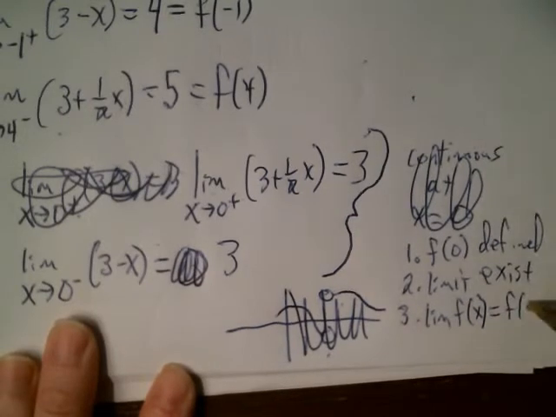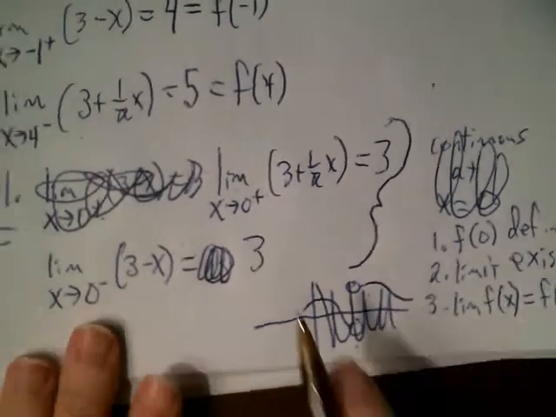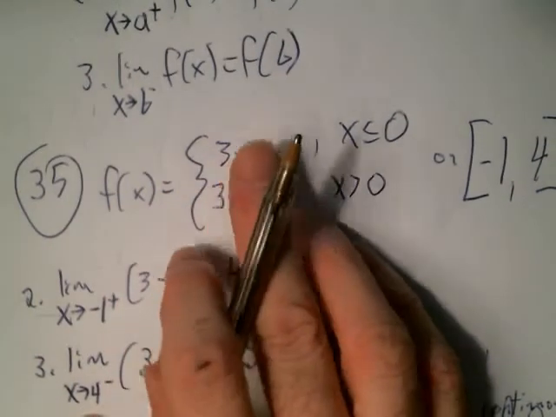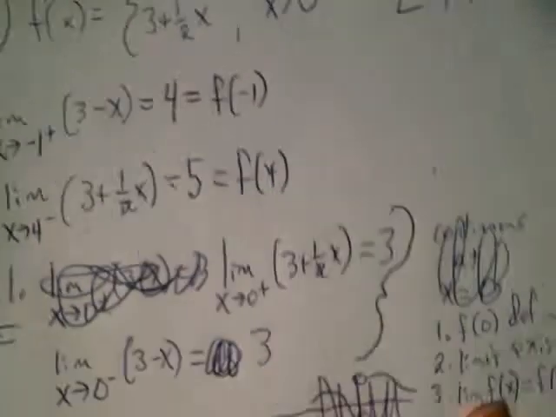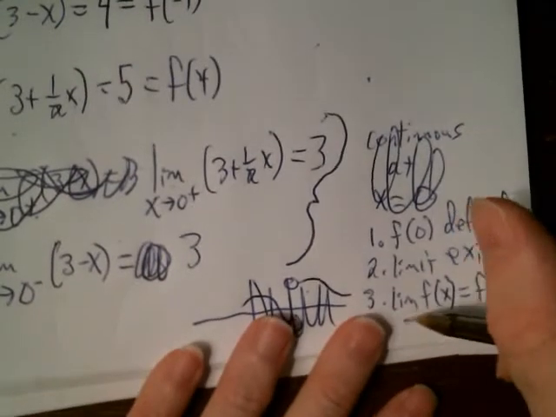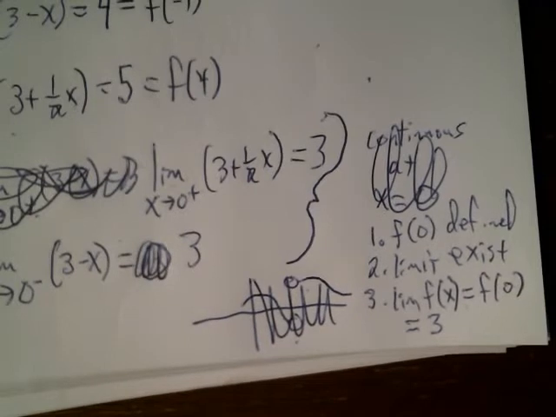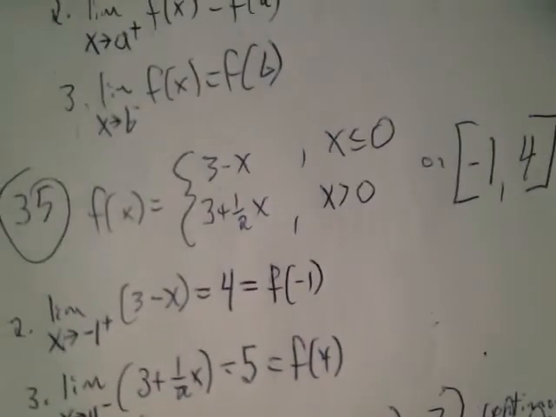And f of 0, if you plug 0 into this piecewise function, it's going to go into here, and it will be 3. So yeah, it's got to be continuous. Okay. So hopefully I didn't butcher that too much. But when you get confused, you kind of have to default to your original definitions and then go through the criteria. Okay.